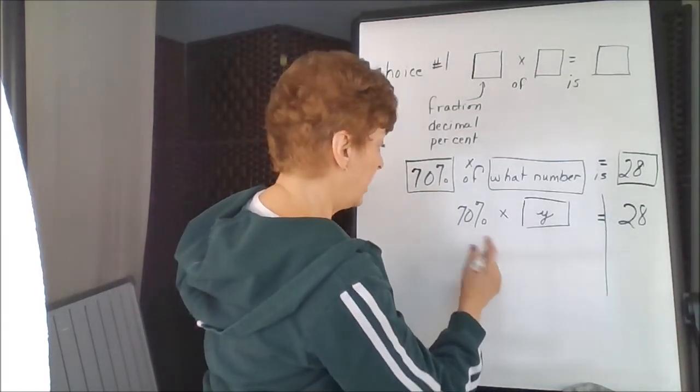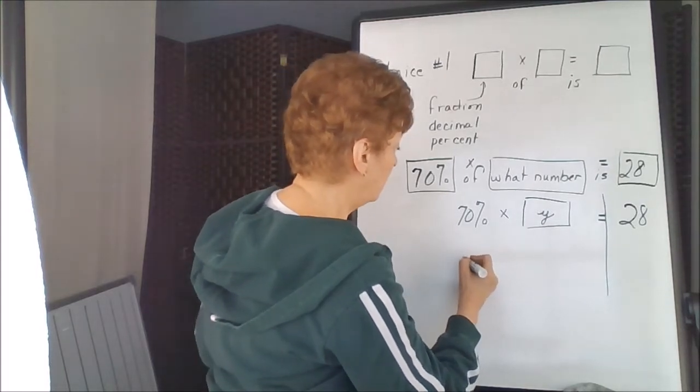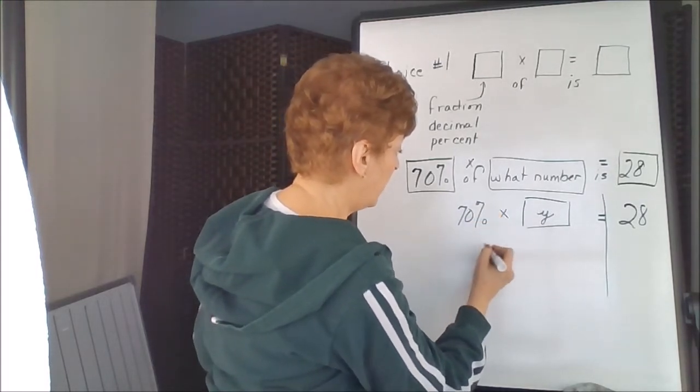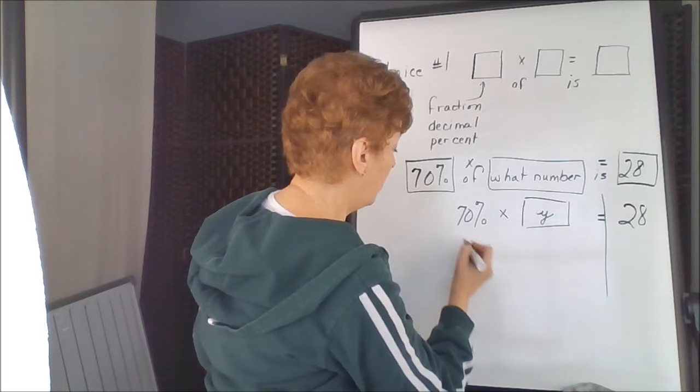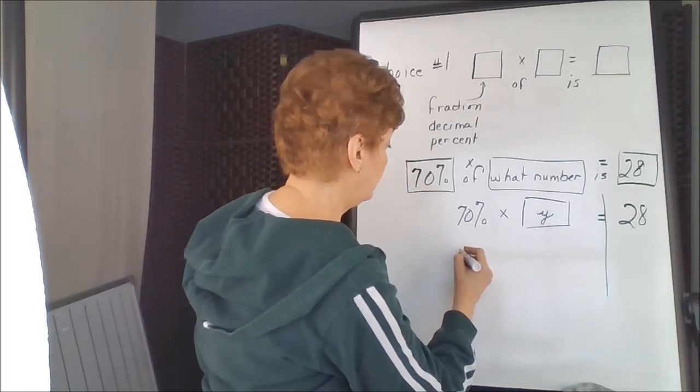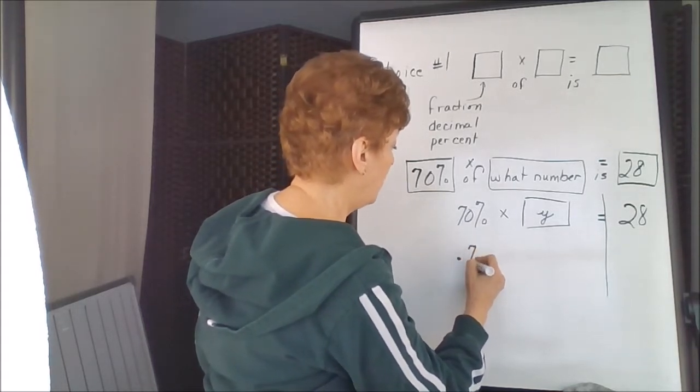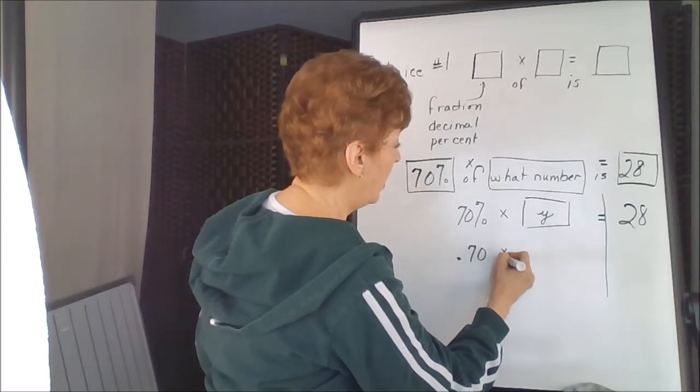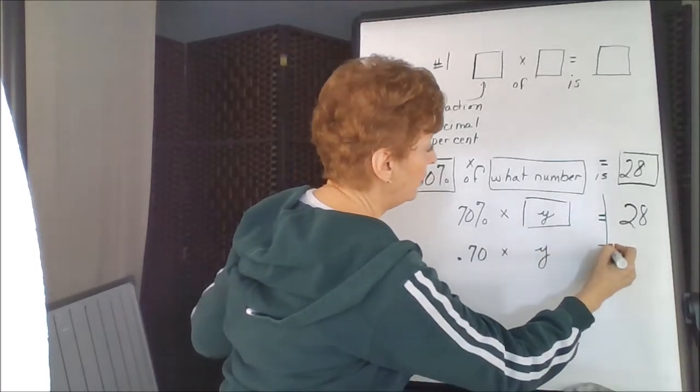So this percent can change to a decimal if we take the percent sign off and move the decimal point 2 places to the left. So this would be 0.70 times y equals 28.